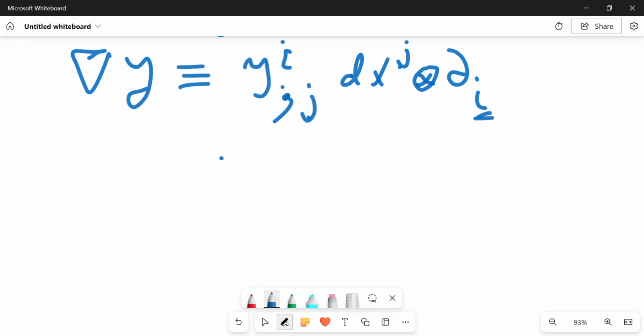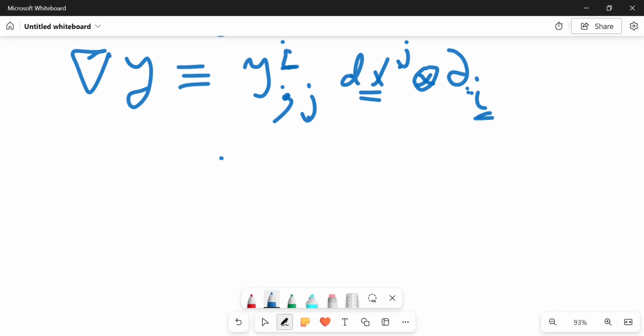This is downstairs, this is upstairs. This is the basis of the vector field, d_i. This is the basis of the dual vector in a coordinate system.